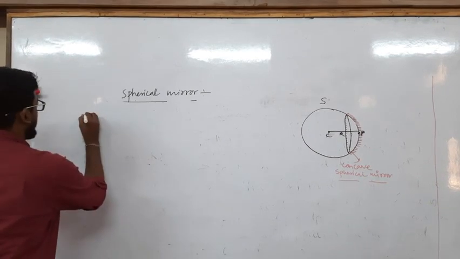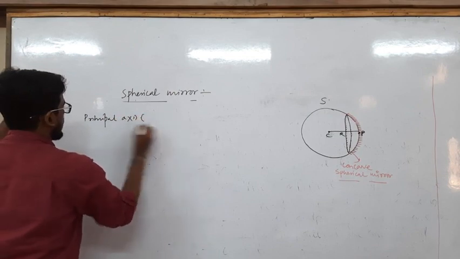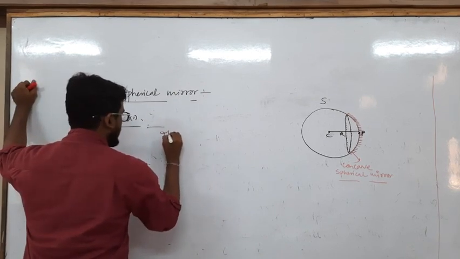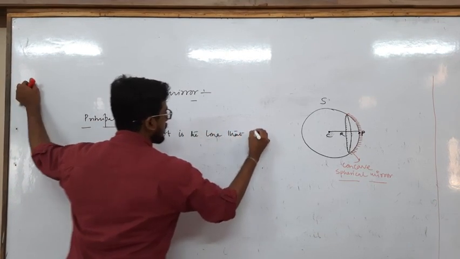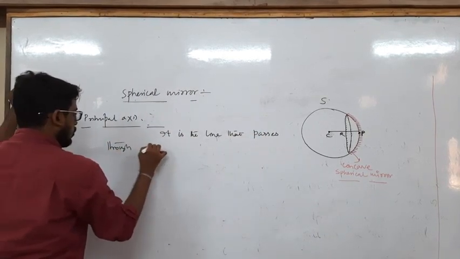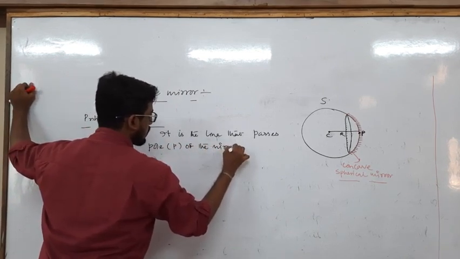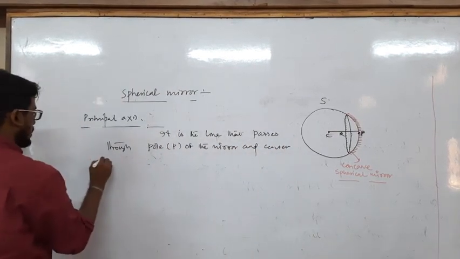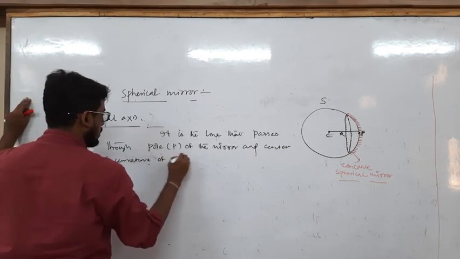Next we will study principal axis. So what is principal axis? It is the line that passes through the pole of the mirror and center of curvature of the mirror.